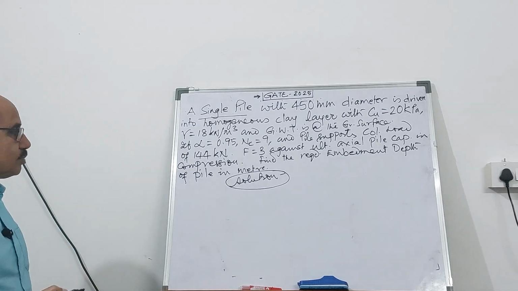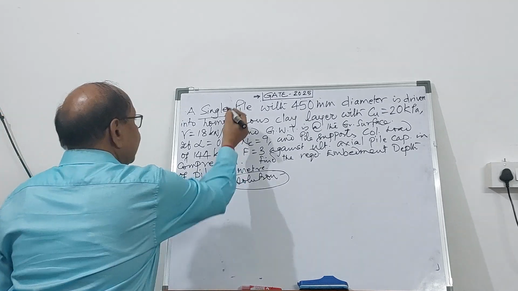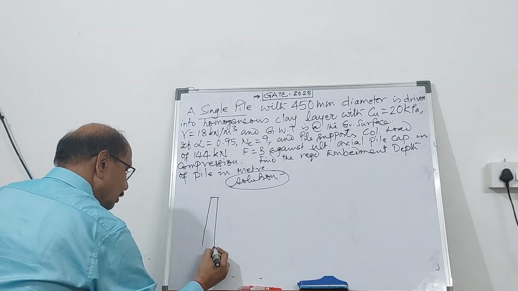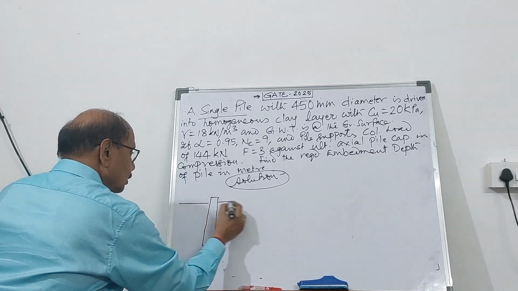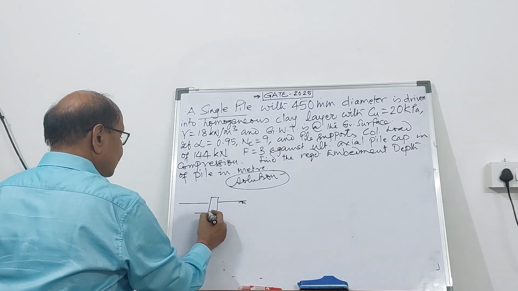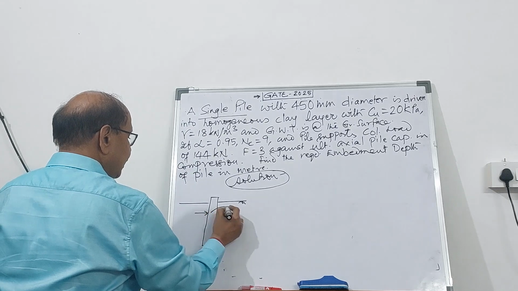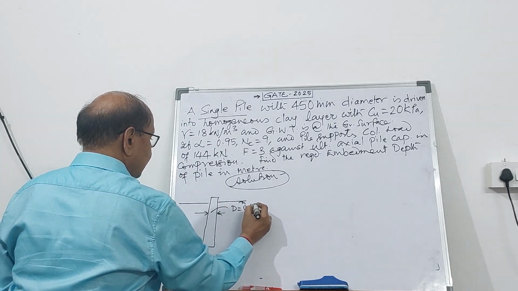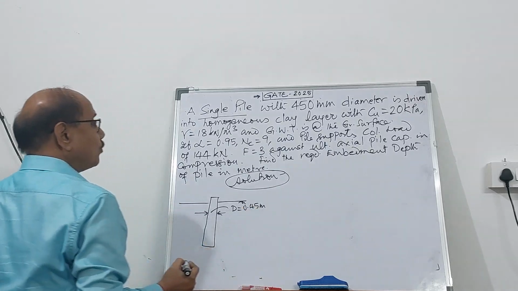How will you solve this problem? You see, it is a single pile embedded or driven into the ground. So uniform single pile. The diameter D is 0.45 meter or 450 mm.